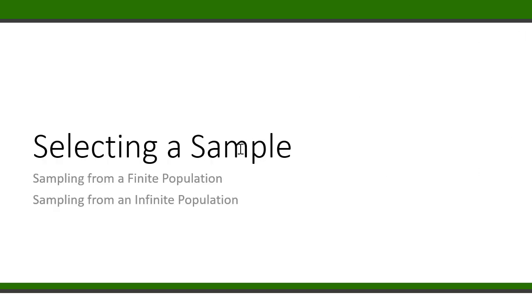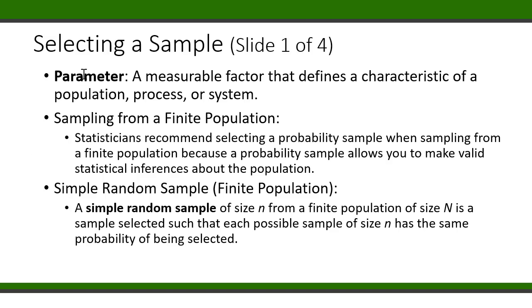We then go on to talk about selecting from a finite population or from an infinite population. Finite means that you know the number that exists in the population. Infinite population means you don't know the population number. Another term you should understand is a parameter, and that's a measurable factor that defines a characteristic of a population, process, or system.